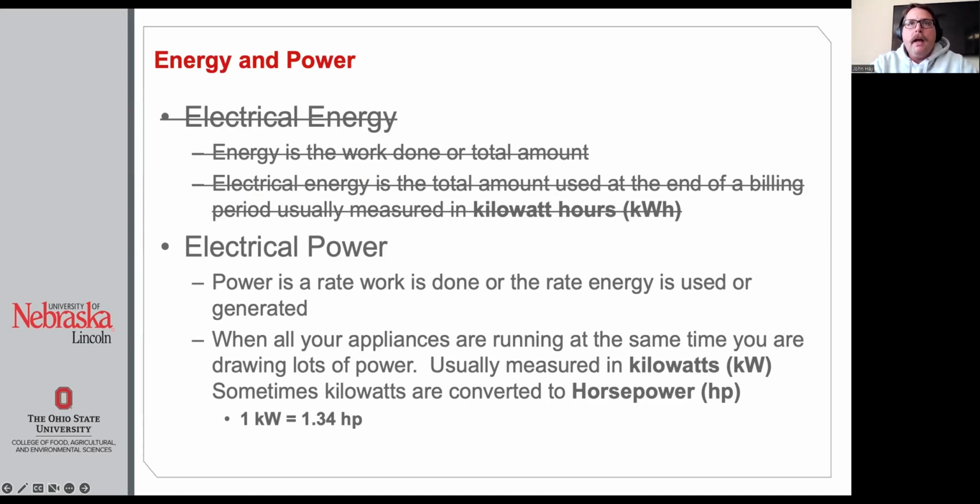There's a lot of stuff in the news about peak demand times in the summer when everybody's air conditioner is running and maybe having rolling blackouts. They're trying to avoid that. And so by charging you based on that peak, they are trying to recoup costs to be able to have that infrastructure. They also might be trying to influence you and say, if you reduce that peak, you're going to have lower costs. And so that peak demand charge is really important.